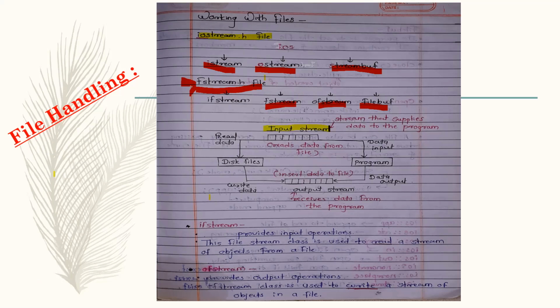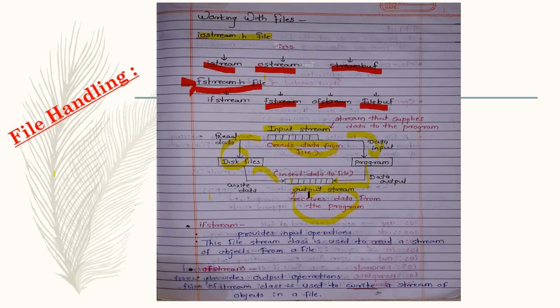Means the one that supplies data to the program is the input stream, which reads data from the file and gives input to the program. And the stream that receives data from the program is the output stream. This inserts the data into the file.